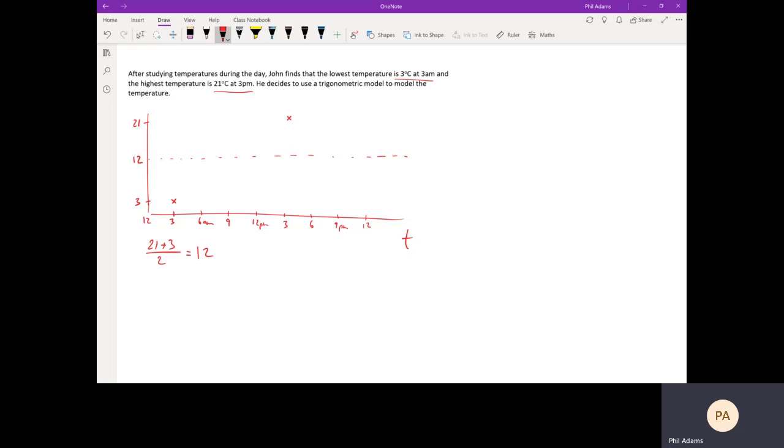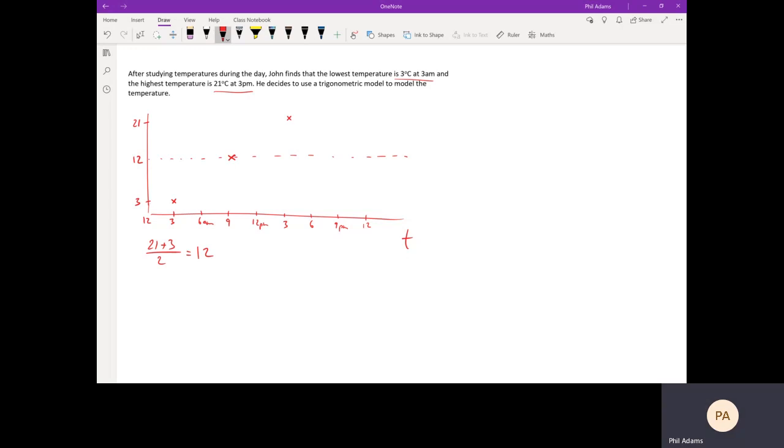Now we know that these 2 points we're given are 12 hours apart. So it's going to take 24 hours then to oscillate through the whole model, which is useful. And we know that if we go halfway between those two, it'll be 6 hours after 3 a.m., so at 9 a.m., it will pass through that line of oscillation.